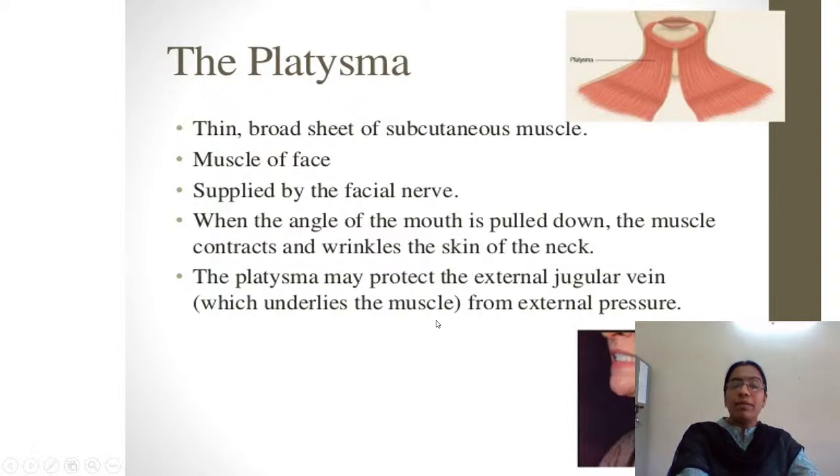This is one function, and one more is that the platysma muscle protects the external jugular vein, which is present underneath it, from external pressure. The external jugular vein is protected by this muscle, which is present subcutaneously.